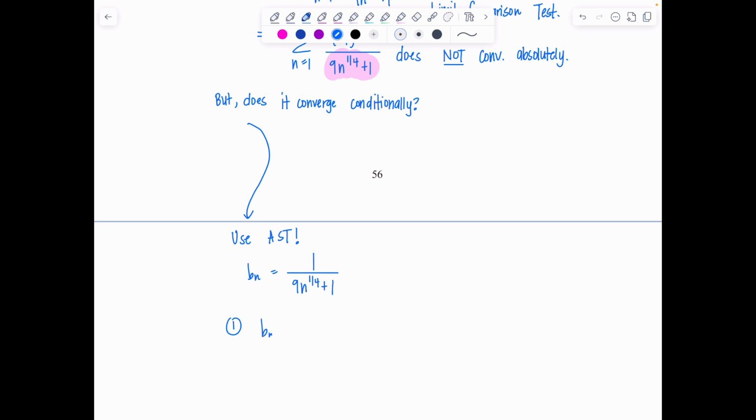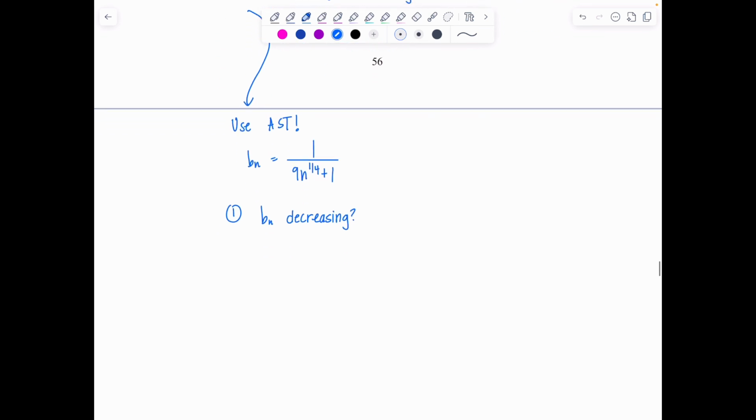First, I check, is b sub n decreasing? Well, just by the definition, it's clear that it is. So b sub n plus 1 is 1 over 9 times (n plus 1) to the 1/4 plus 1. Since this denominator is definitely bigger than this one, I can say for sure this is less than 1 over 9n to the 1/4 plus 1, which is b sub n.